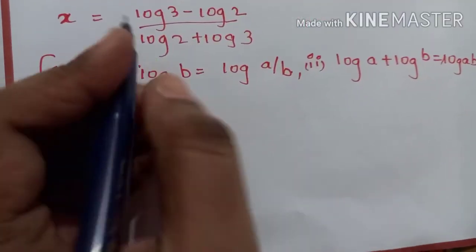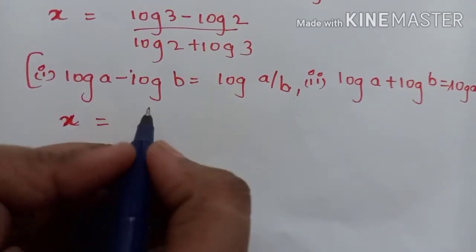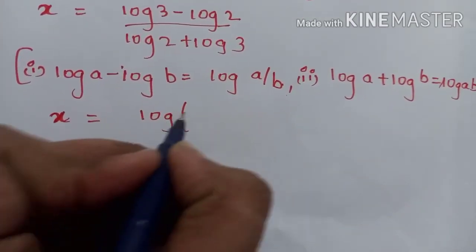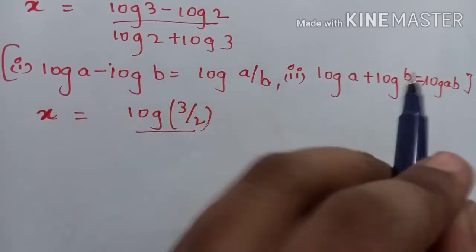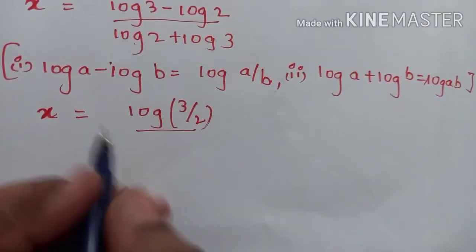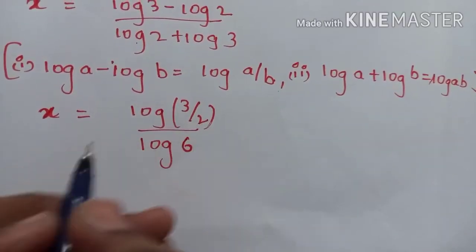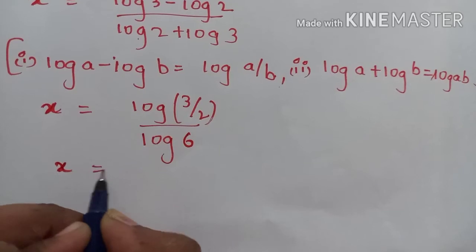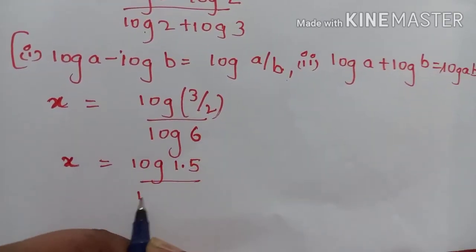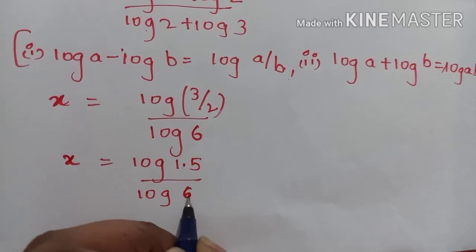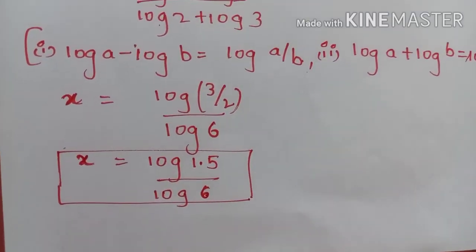So x equals log 3 minus log 2, which is log 3 by 2, and the denominator log 2 plus log 3 is log of 2 into 3, which is log 6. You know that 3 by 2 is 1.5. So therefore the value of x is log 1.5 by log 6, and this is the solution.